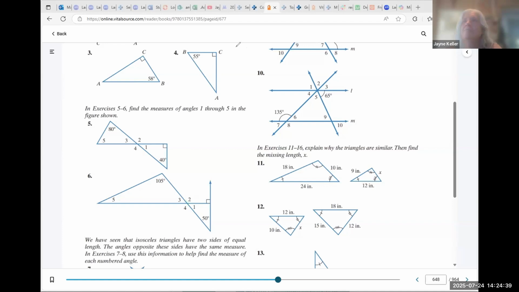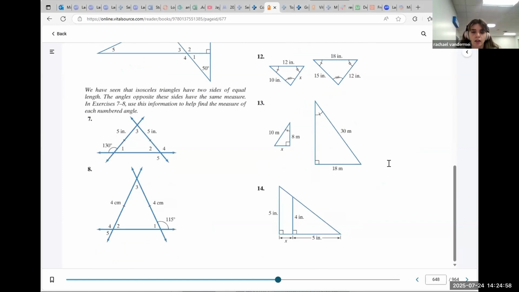All right, what else? What about number 14? It's finding the length for number 14 of the triangle, the missing length.